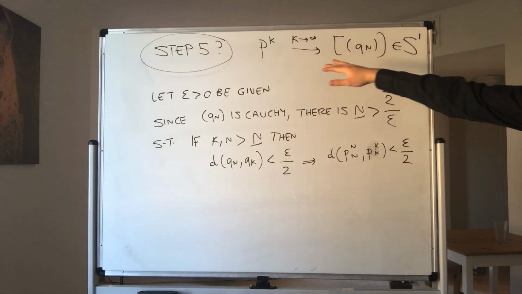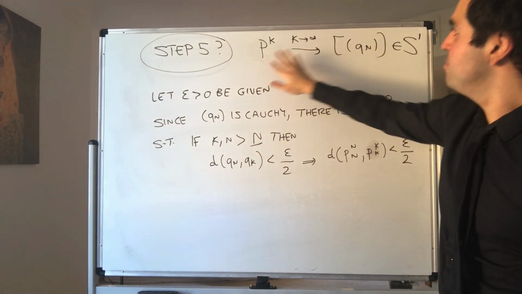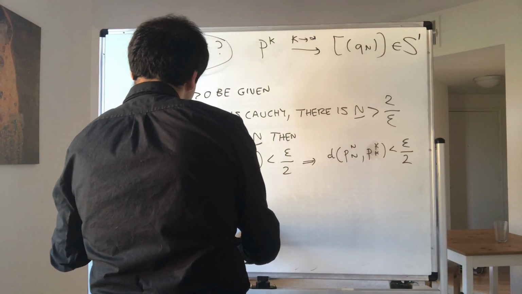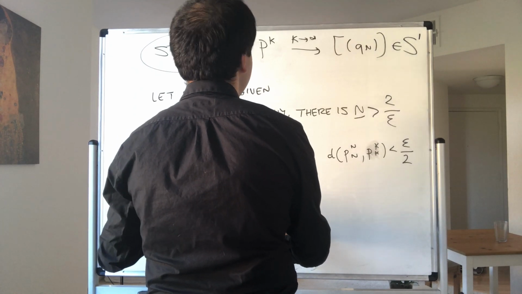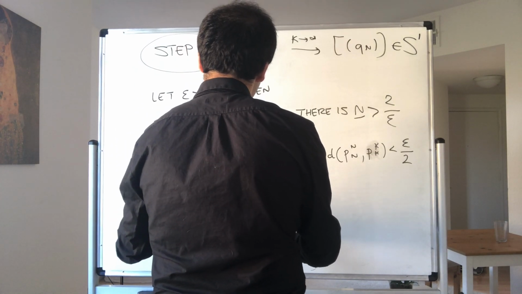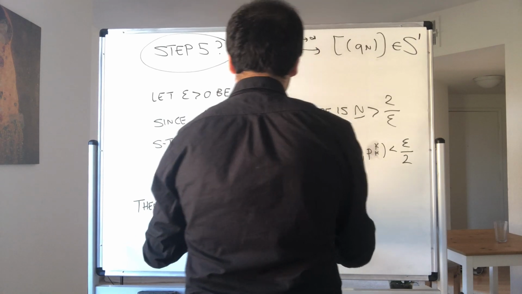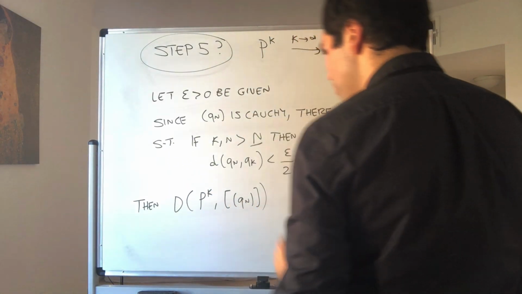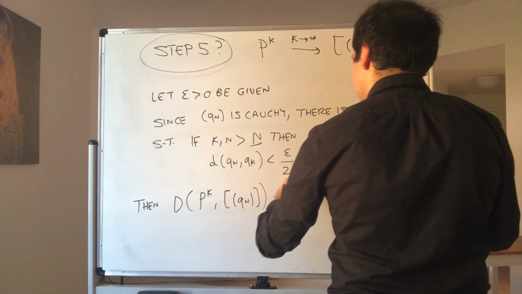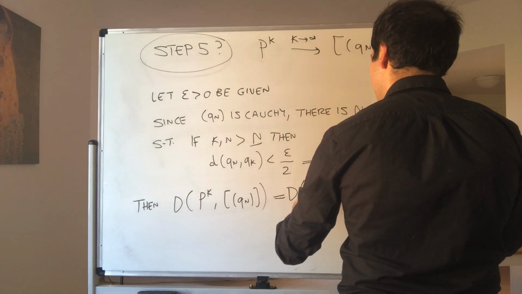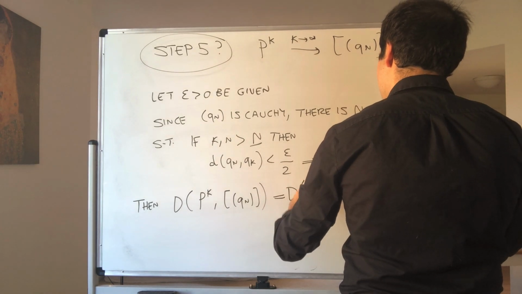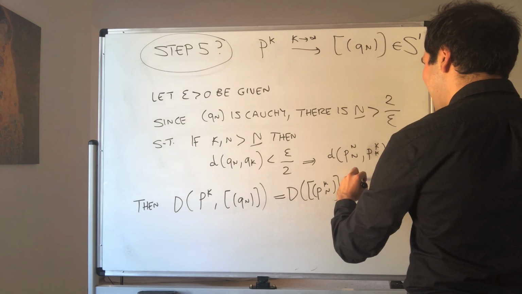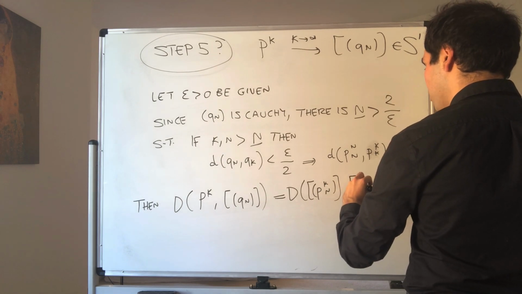All right, but now let's consider the distance between PK and this equivalence class. Then the distance between PK and the equivalence class of Qn, remember by definition, is the distance of the equivalence class of PKN and Qn.